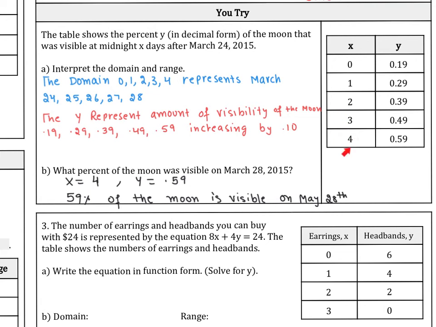So it means that x is 4 when it is March 28th. So on March 28th, which is when x is 4, the y value, or the visibility of the moon, is 0.59. So 59% of the moon is visible on March 28th.